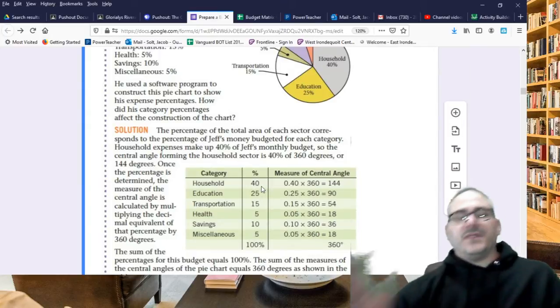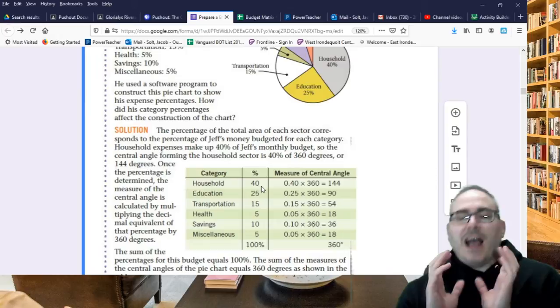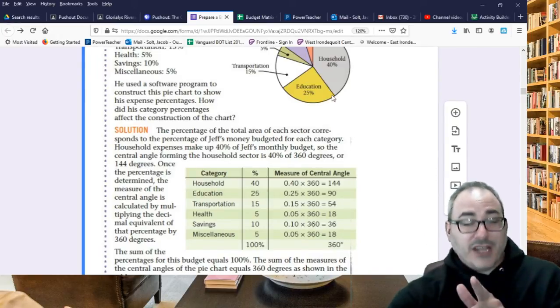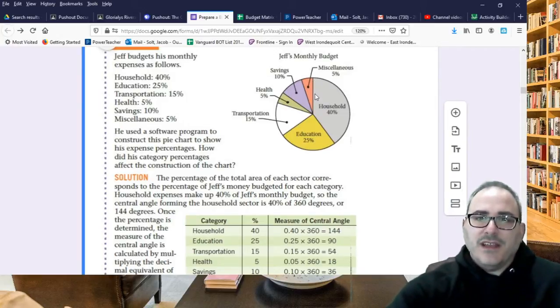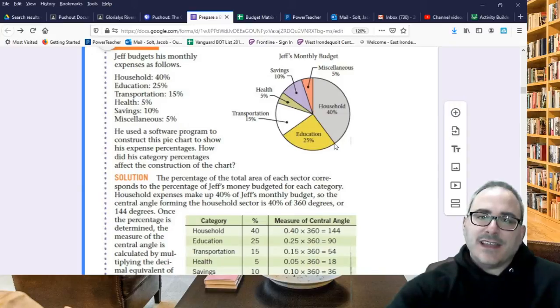That's what I want you to understand: how a percentage relates to a pie chart. So notice this one here. Let's look at household, 40%. How did the computer know that 40% of this pie chart would be this size slice of pizza pie, right? The question is, how does 40% translate to a circle?